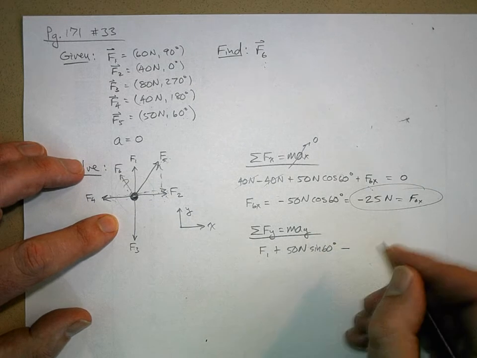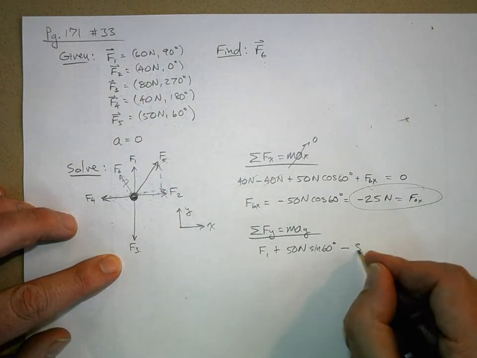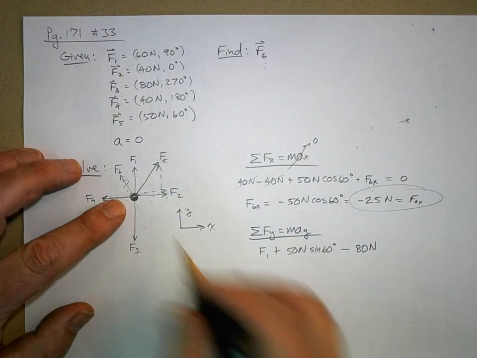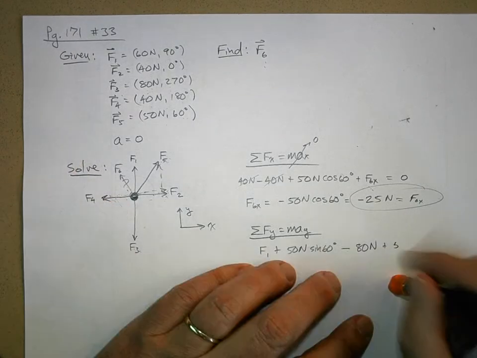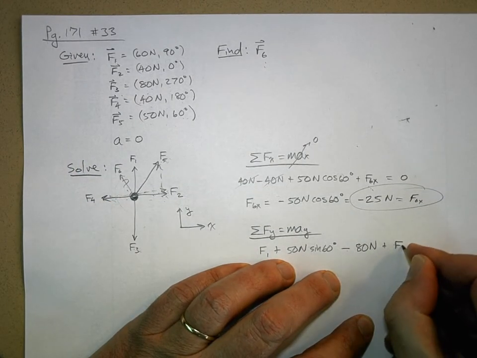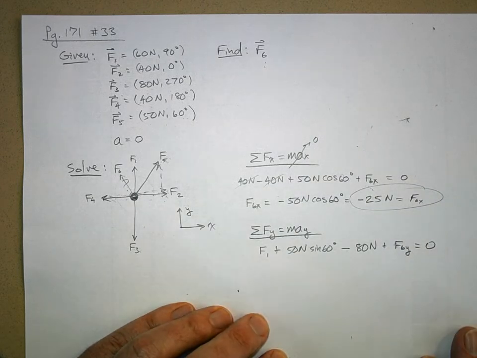Minus F3. Well, what is F3? 80 newtons, and minus, because we know it's down. And then plus F6 in the y direction, and that's all going to be equal to 0.